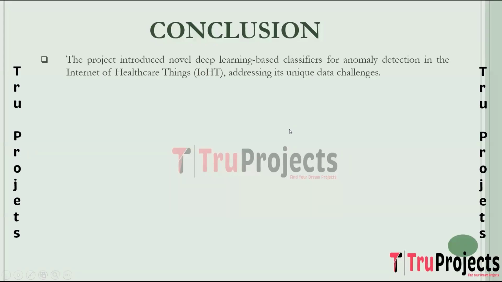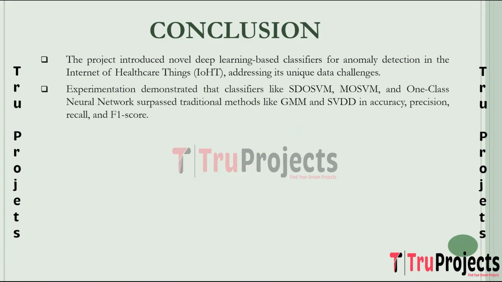Conclusion of the project. The project introduced a novel approach for anomaly detection in the Internet of Healthcare Things using deep learning based classifiers tailored to handle the unique challenges of healthcare data. Through experimentation and evaluation, it was demonstrated that the proposed classifiers, including SDO-SVM, MOSVM, and one-class neural network, outperformed traditional methods like GMM and SPDD in terms of accuracy, precision, recall, and FN score.